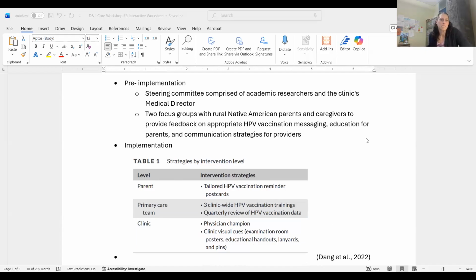So how do we think might be the most effective way to design this study in terms of randomization considerations or testing different strategies? Any suggestions?